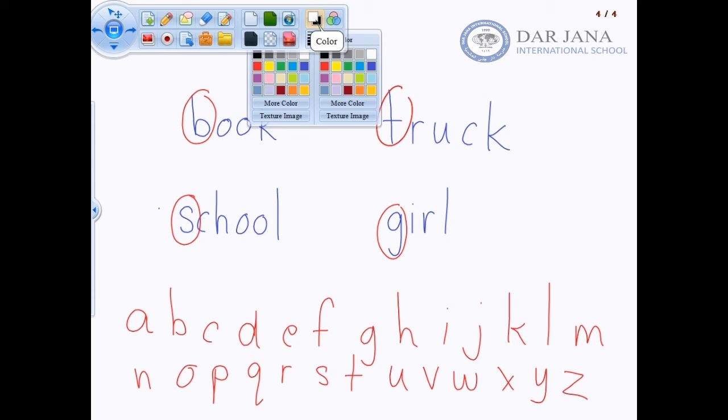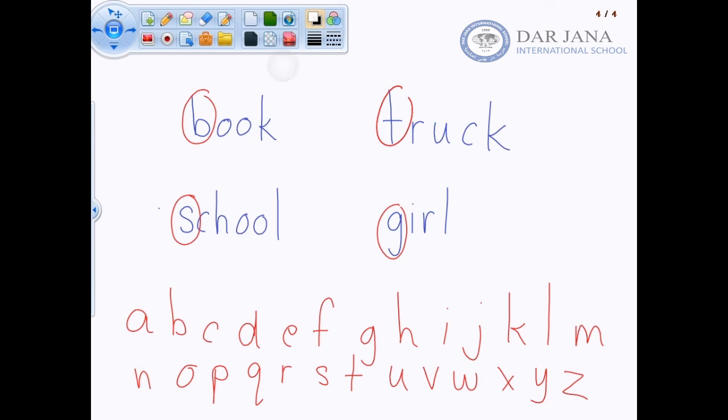So what we're going to do now is see the first letter.